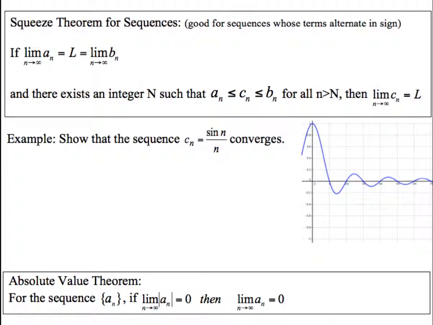Not this sequence in particular, sine of n over n, but what we compare it to is going to be a really important expression as we go through this chapter. We know that the value of the sine function fluctuates between 1 and -1.